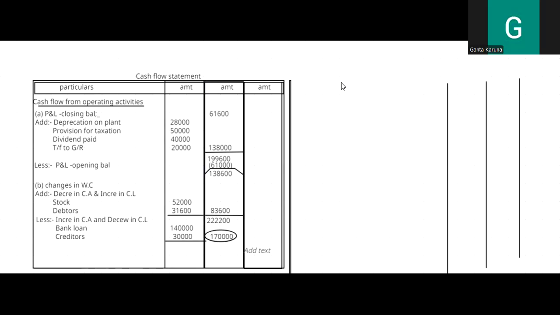So this one, opposite to this one, I'm going to write it as from total.